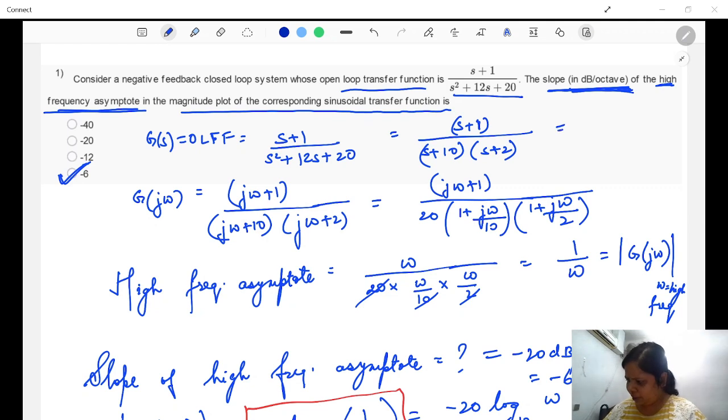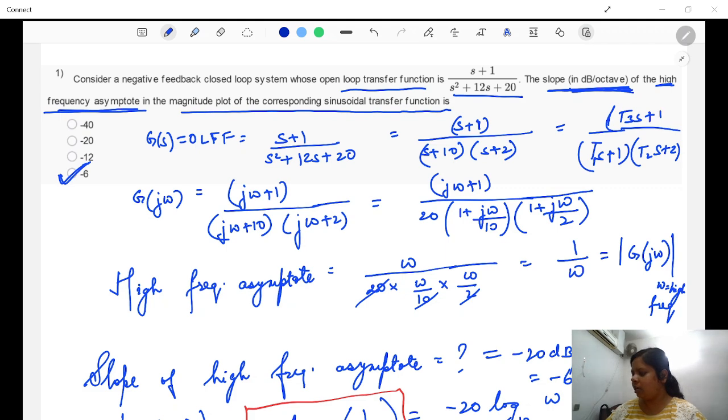So this should essentially be in the function of t1s plus 1, t2s plus 1, and t3s plus 1. From here you can try to find out what is the value of t1, t2 and t3.